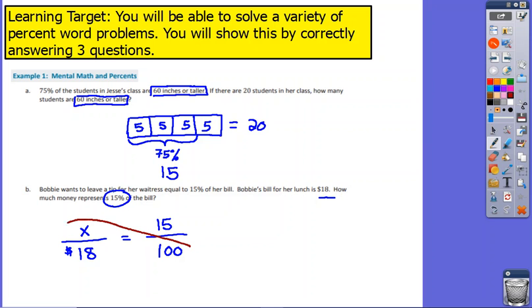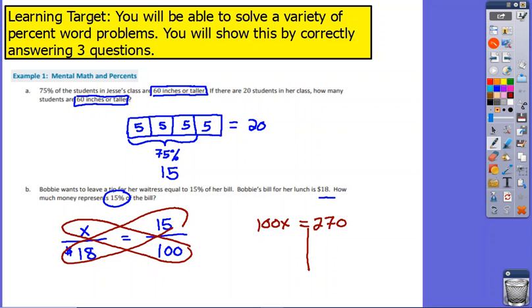So I'm going to multiply diagonally. 100x equals 15 times 18, which is 270. Dividing by 100, we can do pretty quickly by just moving the decimal over 2 places. And that is not how I want to write money as my answer, so I'm going to add a 0 and a dollar sign. So for an $18 lunch, if you're going to leave 15%, you should leave $2.70.